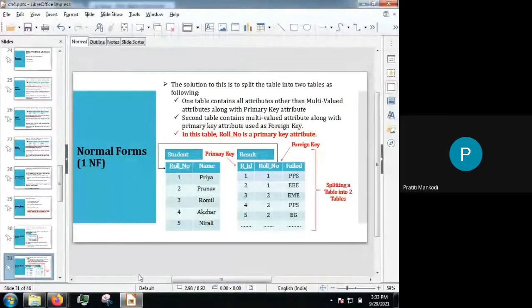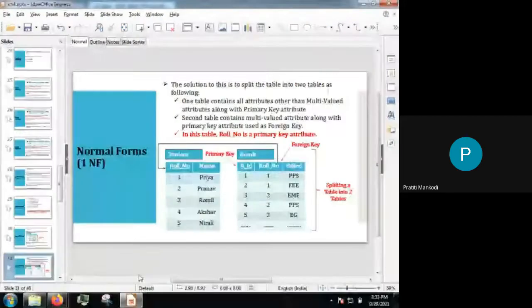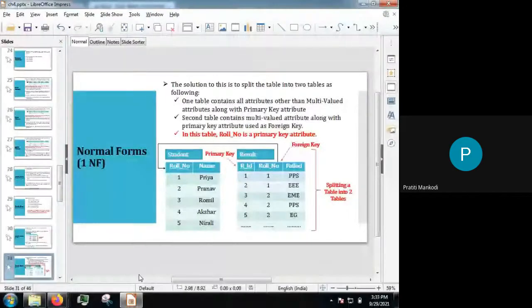When you decompose, it is not necessary that you will only use the existing attributes. It may happen that you may need to introduce a few more attributes to make it a unique attribute, to identify the records individually.